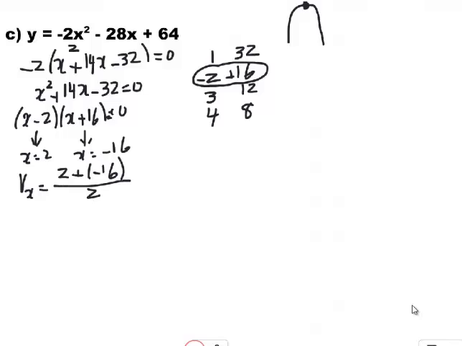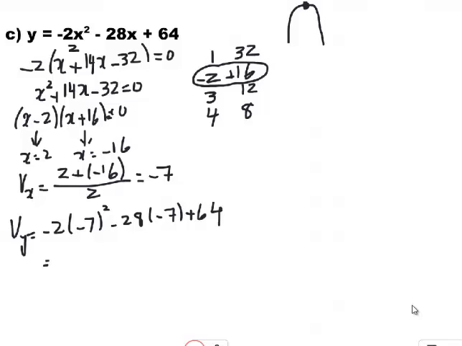This is going to give me negative 7. Now I put it back in the equation. I get v sub y is negative 2 times negative 7 squared minus 28 times negative 7 plus 64. If you use your calculator, this is equal to 162.